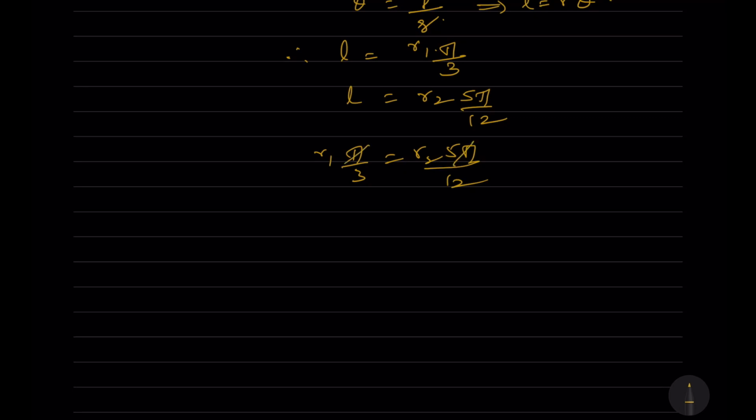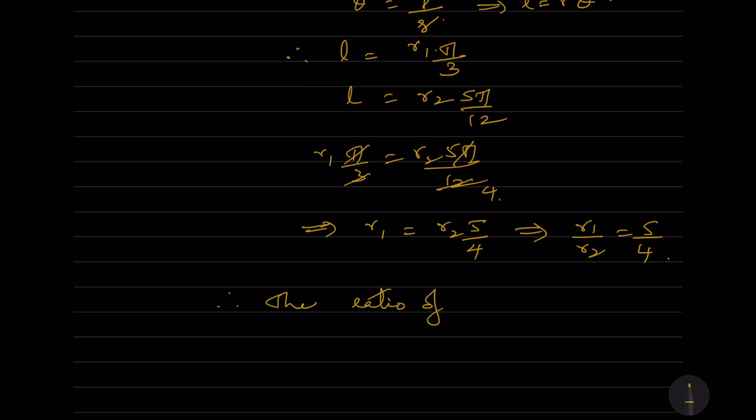You can cancel out pi here, 3 1s are 3, 3 4s are 12, so you are getting r1 is equal to r2 into 5 by 4, which implies r1 by r2 is equal to 5 by 4. Therefore the ratio of the radii is 5:4. This is the ratio.